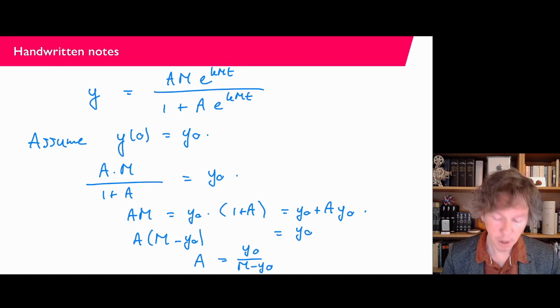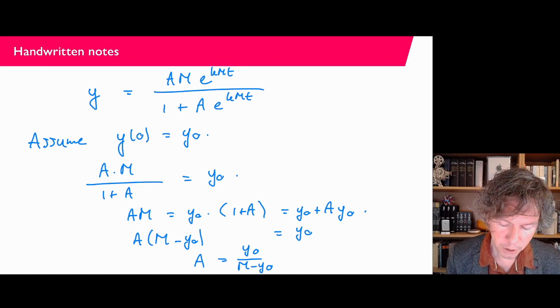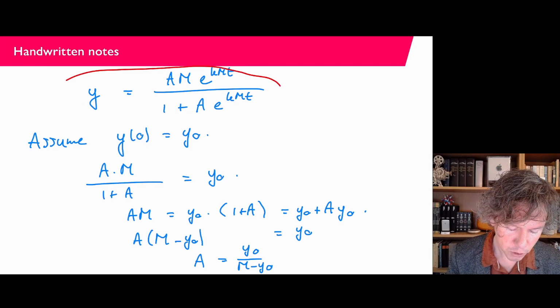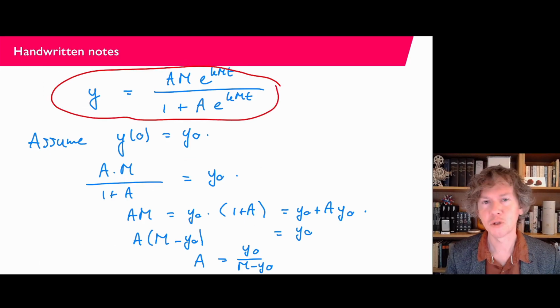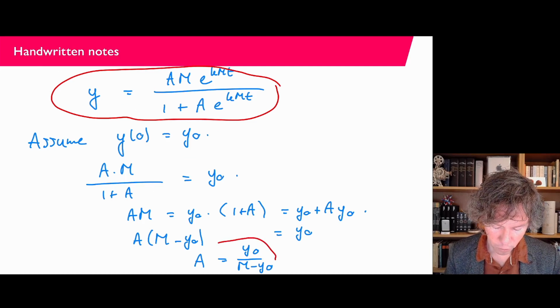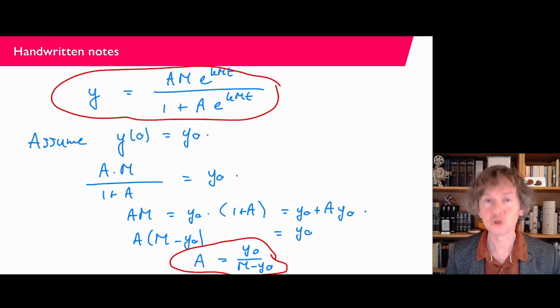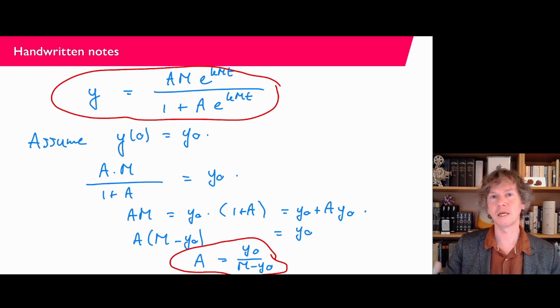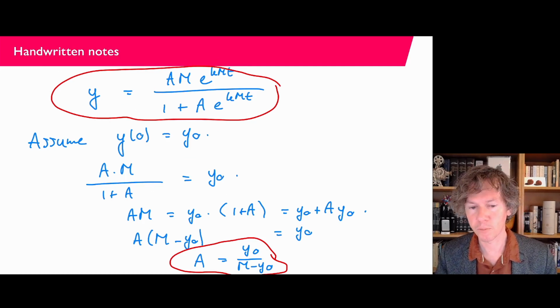Okay. Almost there. So let's see what we have. We have this expression for y, but that still involved capital A. And I would much rather have the solution in terms of things that actually make sense in practice for a population.